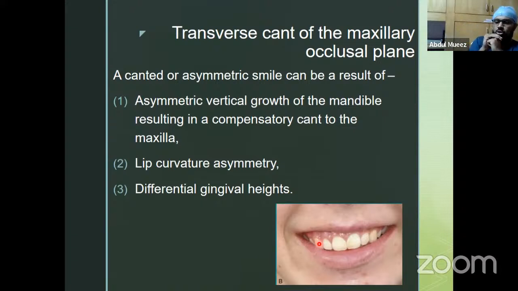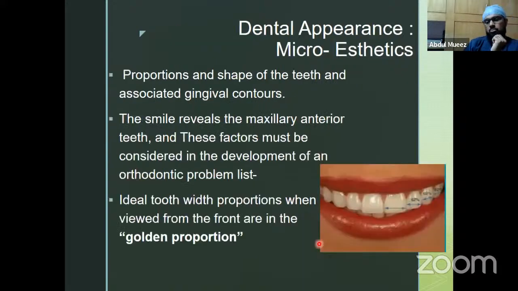So this also needs to be considered: whether the patient has a skeletal canting, that is, the maxillary occlusal plane is deviated to one side, or it is because of local factors such as the teeth positioning, or it can be because of the gingival height. So all this needs to be taken into consideration.